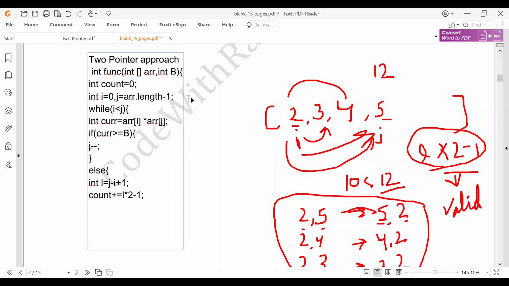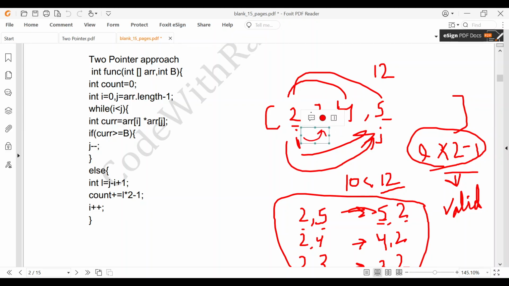Now suppose I have considered 2 and 5 is a valid pair. Now what we need to do is increase i plus plus, because if 2 and 5 is a valid pair, we can't say about this 3 and 4, we can't say about this 4 and 5, we can't say about this 3 and 5 also.